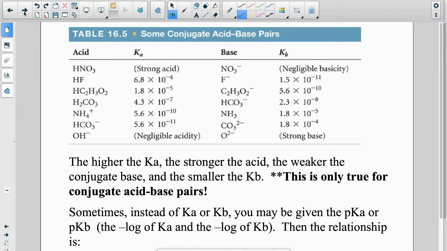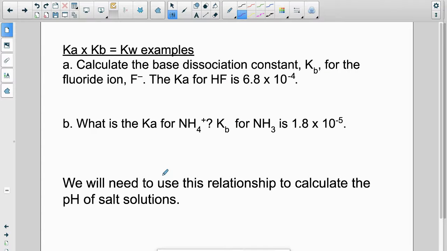So here, if we want to calculate the base dissociation constant Kb for F minus, we need the Ka for HF. We need the Ka for the acid, and then we can calculate Kb for F minus. Remember the relationship is Ka times Kb equals Kw, which is 1 times 10 to the minus 14.